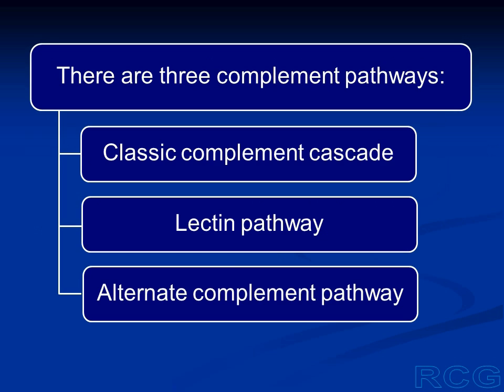There are three different complement pathways. The first is the classic complement cascade. The second is the lectin pathway. And the third is the alternate complement pathway.